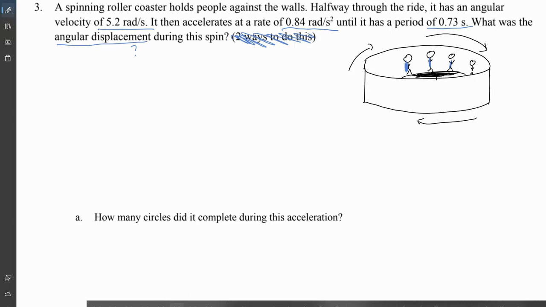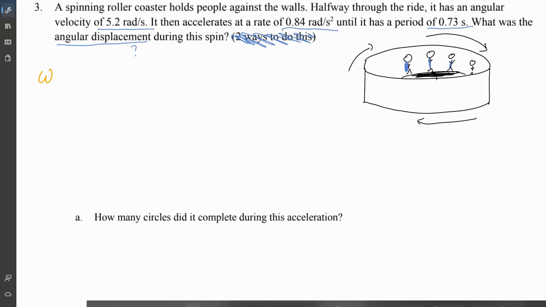I underlined all the numbers as we go through them. So we have an angular velocity of 5.2 radians per second halfway through the ride. Now we know angular velocity is omega, right? But is this omega initial or omega final? Well, it's halfway through the ride, so that doesn't help us too much. The question becomes, does the interesting stuff happen after this 5.2 radians per second or before?